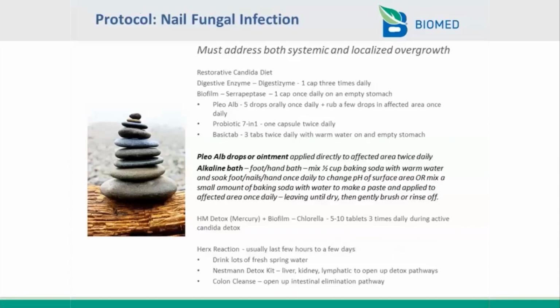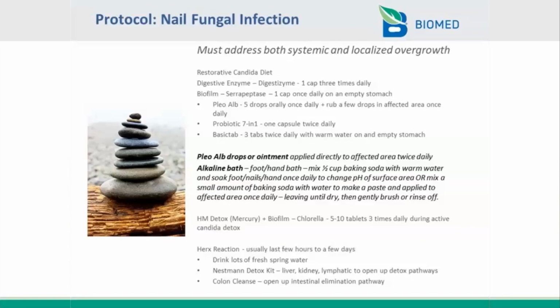With nail fungus, if somebody's dealing with it, you want to do all of the above that I just mentioned if you're working deeper systemically, and then you want to add in topical, local applications. So you use the Pleoalb drops or Pleoalb ointment directly on the nail or the affected area. And then you also want to use an alkaline bath for hands or feet.